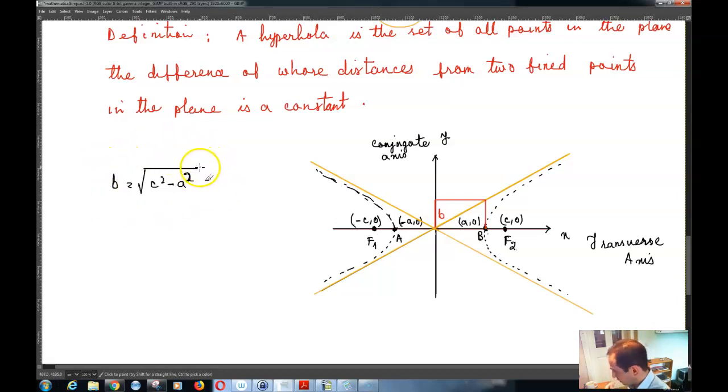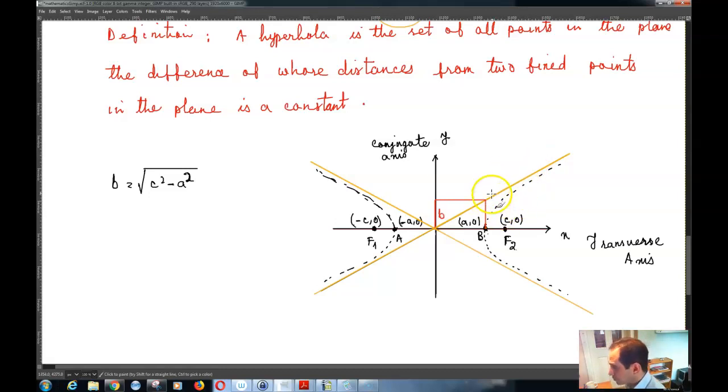For now you can just take it as a definition and use it in order to understand other things. But there is also this clue over here that you can use in order to understand the relationship between different parts of this hyperbola if you would like to.